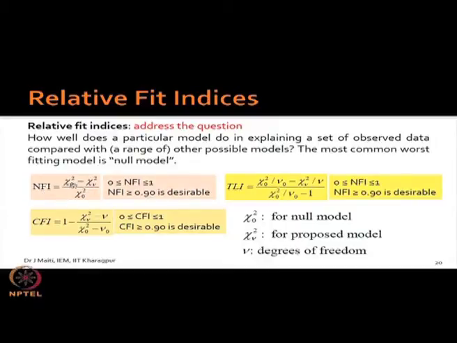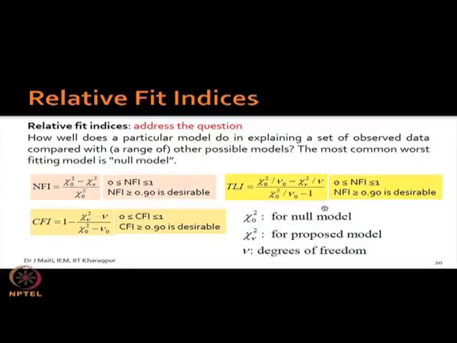NFI is chi-square 0 minus chi-square nu, divided by chi-square 0, and all these index values lie between 0 and 1, and it is desirable that they be greater than 0.90. Then CFI, comparative fit index, that is 1 minus chi-square nu minus nu, divided by chi-square 0 minus nu 0, and TLI, Tucker Lewis index, is also in a similar manner.